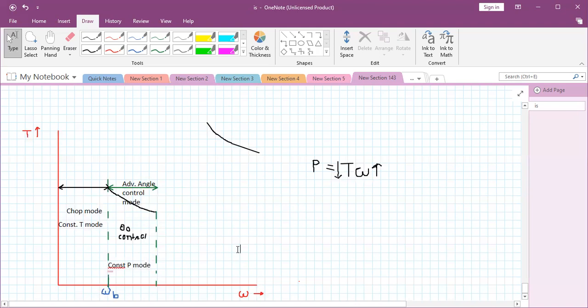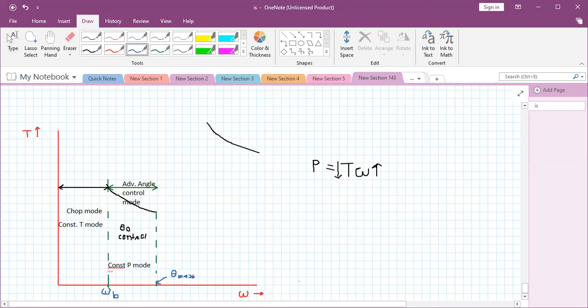Now, consider that at this particular point the theta naught is maximum. Consider your theta naught becomes theta max.